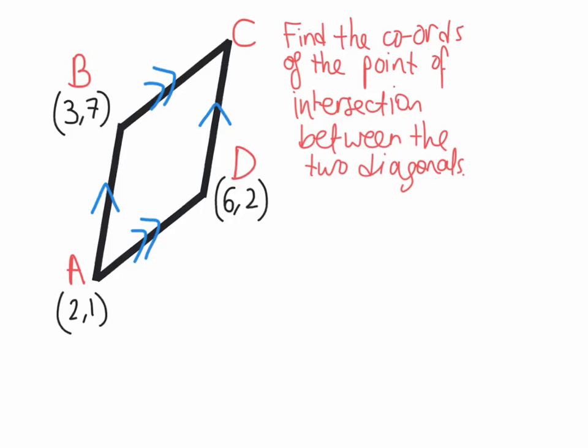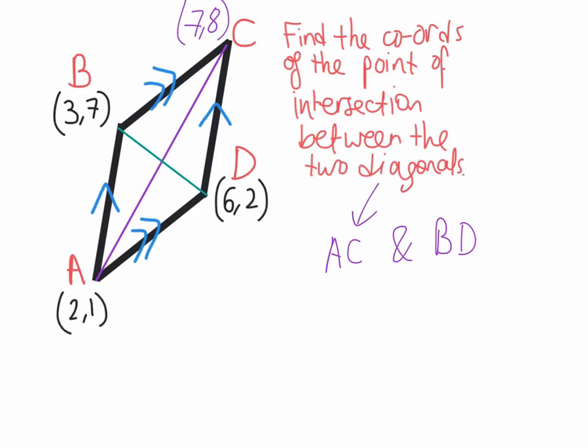The final part of this question is to find the coordinates of the point of intersection between the two diagonals. So the diagonals are AC and BD. And we found the coordinates of C before, that was 7, 8.